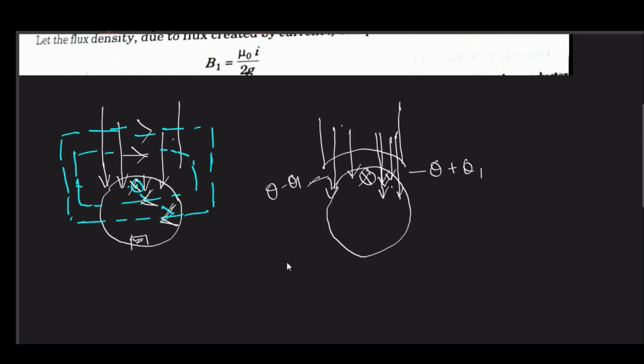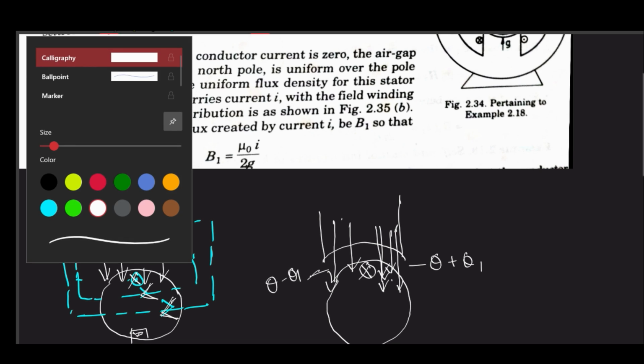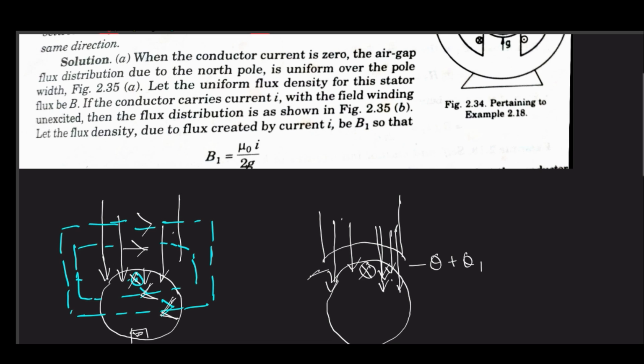Now here what we can write, this side it will be B minus B1, and this side is B plus B1, right?